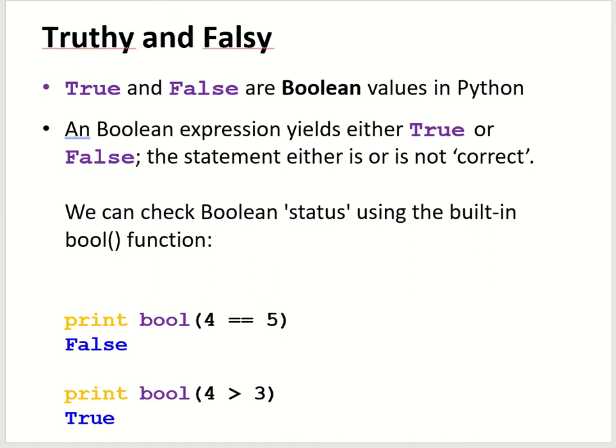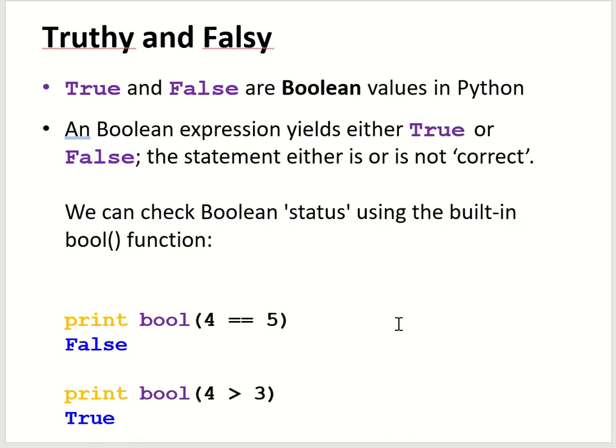Other concepts in Python and programming make use of the Boolean values true and false in a way that isn't the basic correct or incorrect. So we learned about the relational operators, the double equal sign, the greater than, the less than.